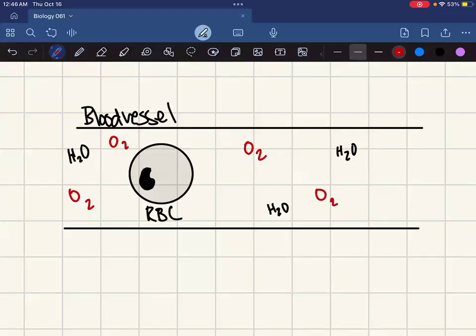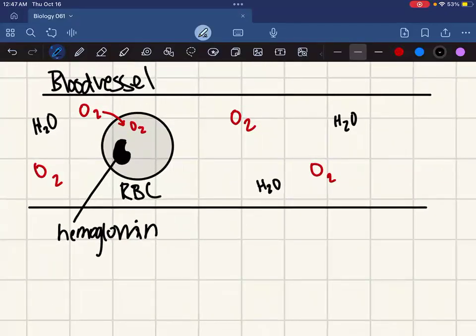It diffuses into our red blood cell, where it has lower oxygen concentration initially, and we have a hemoglobin molecule right over here within our red blood cell. We have many red blood cells and many hemoglobin within them. I'm just going to draw one for the sake of representation and to visualize.